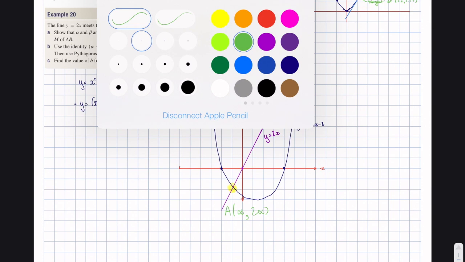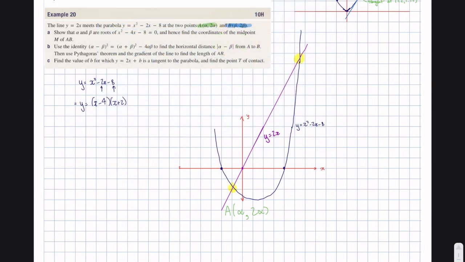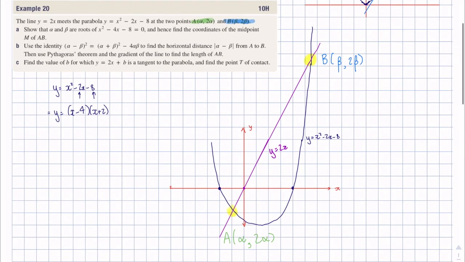And we knew it would be twice that, firstly because they told us, and secondly because it's on the line y equals 2x, so whatever x is, y is double it. And this is the point B, which is (beta, 2 beta), not alpha. Okay. Show that alpha and beta are the roots of this, and hence find the coordinates of the midpoint of AB.